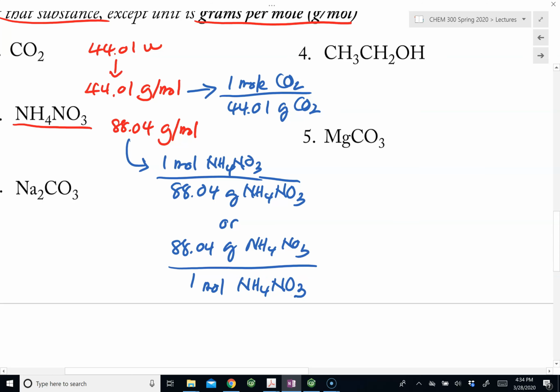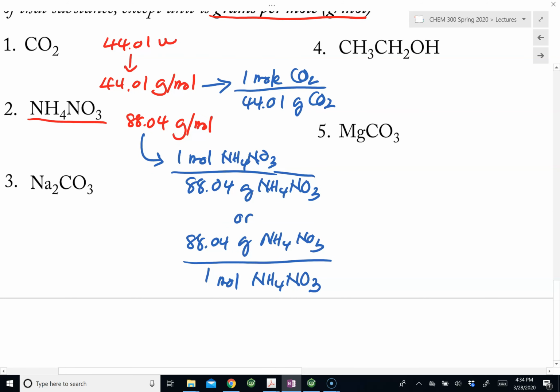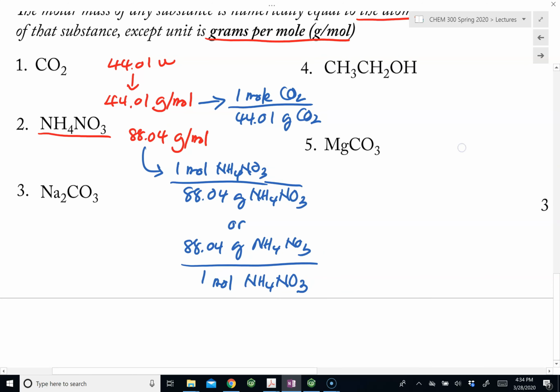So that's how we'll be able to find the molar mass of any chemical substance. Please try the other examples to make sure you know how to calculate molar masses, and I will be giving you the answers for you to check your work. The answers are as follows. For number 3, this would be 105.99 gram per mole.